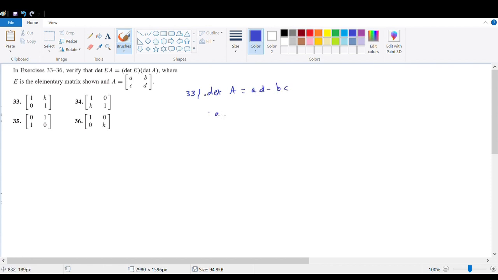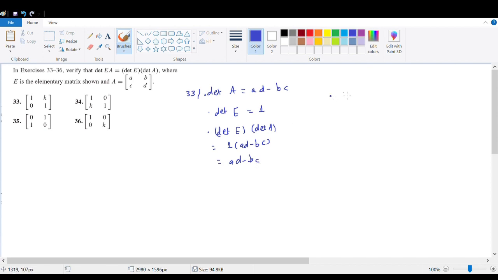Then the determinant of E is 1 multiplied by 1 minus K multiplied by 0, so this will give us 1. So now the determinant of E multiplied by the determinant of A will give us 1 multiplied by AD minus BC, which is equal to AD minus BC.